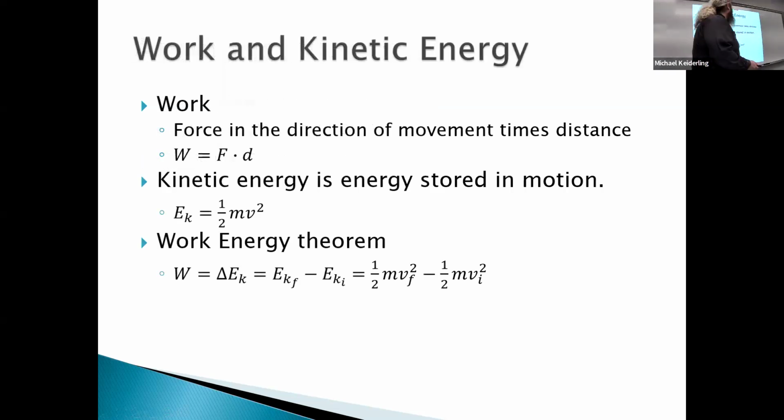So we've been doing work and kinetic energy. Work is force times distance. Force in the direction of movement times distance. Work on an object causes it to gain kinetic energy.